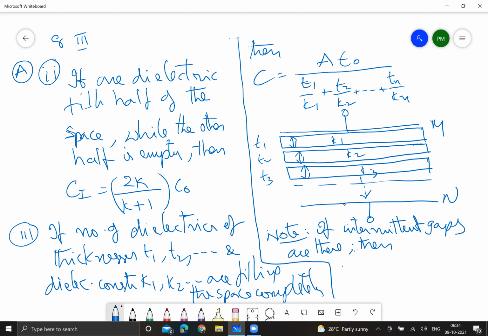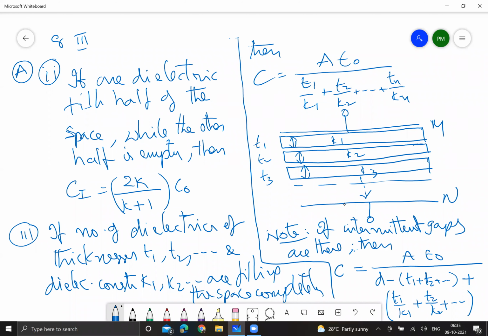So C becomes A epsilon 0 by D minus of T1 plus T2 and so on plus T1 by K1 plus T2 by K2 and so on.